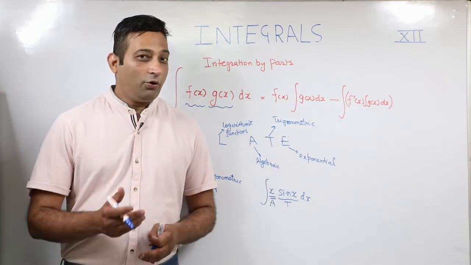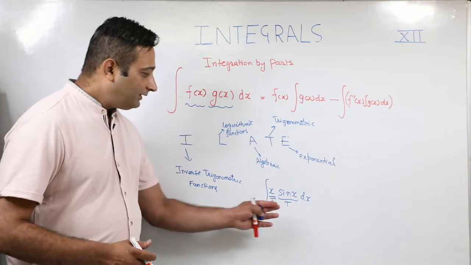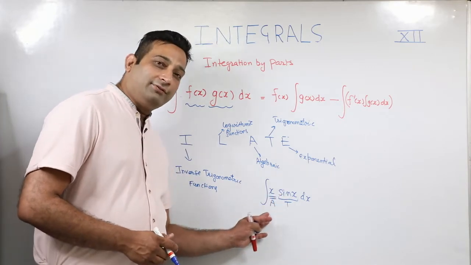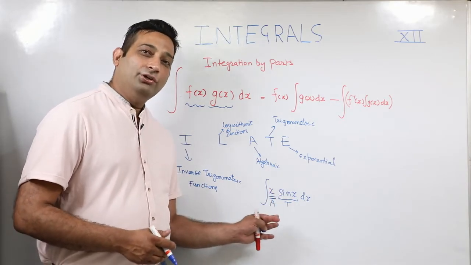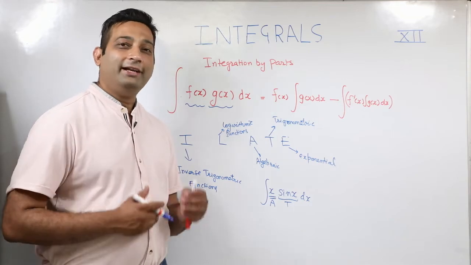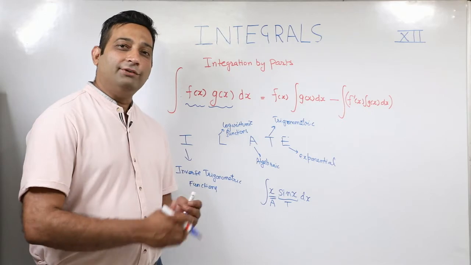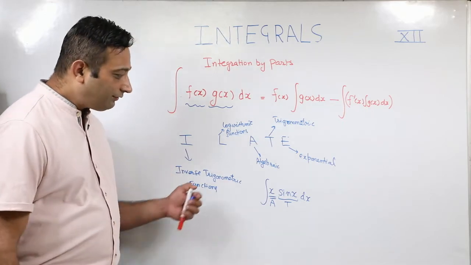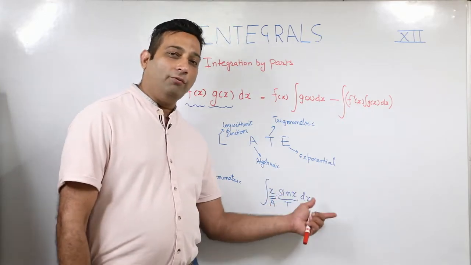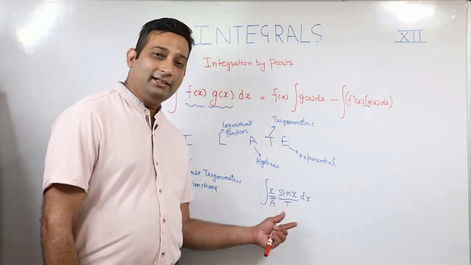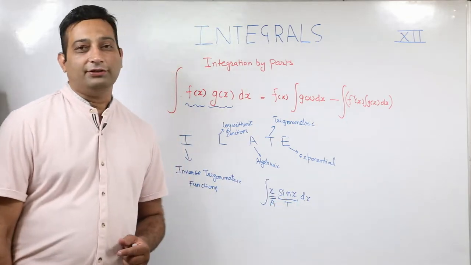Dear student, you can also try by taking the trigonometric function as first and algebraic as second. You can see it will become a never-ending process because the integral of x will be x squared and so on, it will go on. So it will not be in the integrable form. So we have to wisely select the first and the second function.